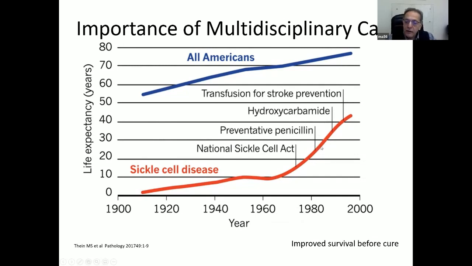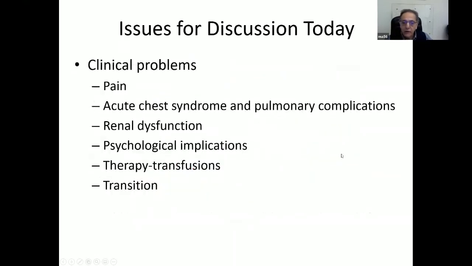And this is in very large part due to comprehensive multidisciplinary care, primarily in the pediatric age group, that has led in developed countries and in some countries such as Jamaica to over 98% survival from childhood to adolescence. In adults, it's a different matter.